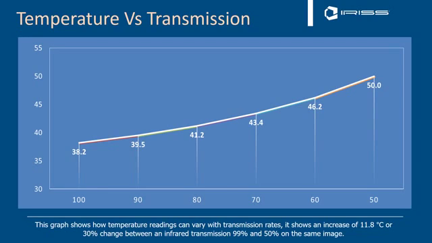So if your emissivity is wrong and your transmission rate is wrong, or your transmission rate is changing and you're calculating it wrong, you're going to have some real significant differences in the actual versus the apparent temperature of your target. So be very careful and be very aware just how important these things are.